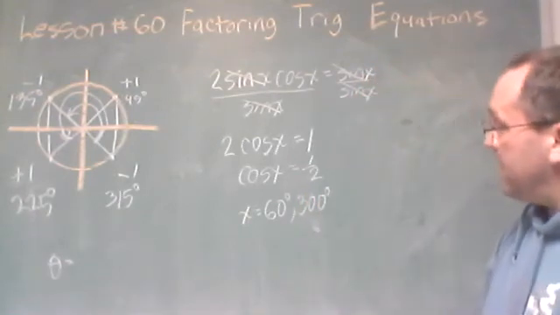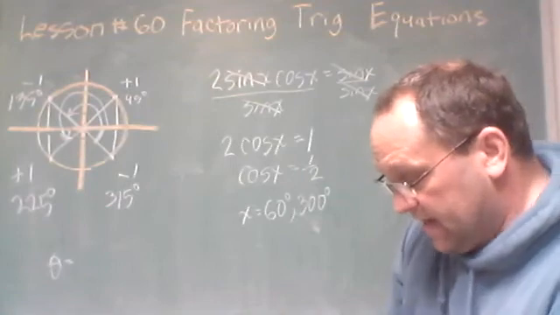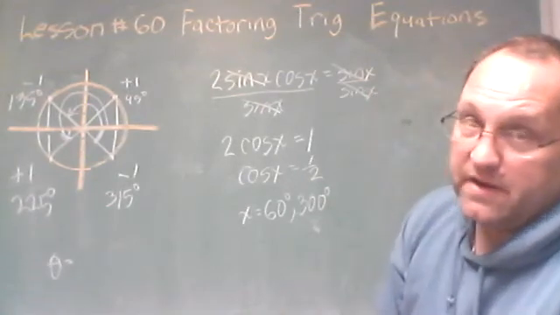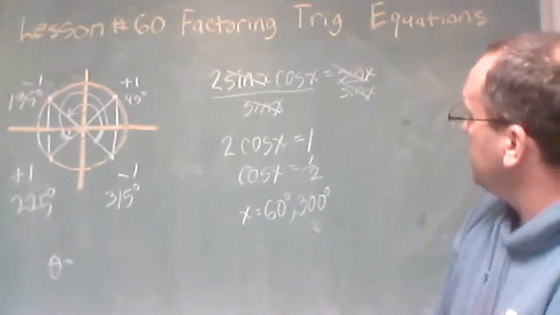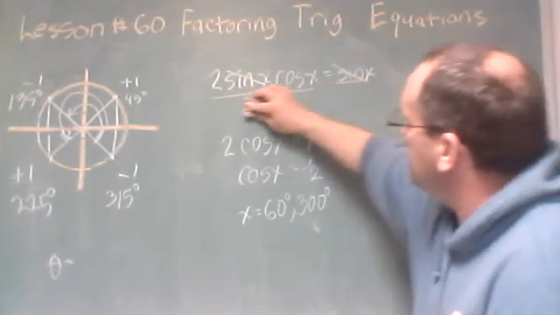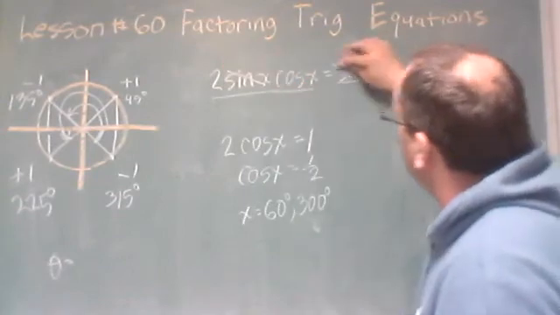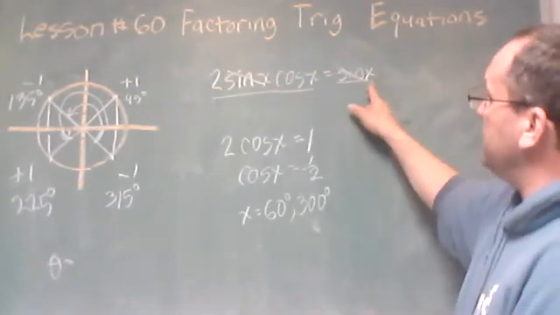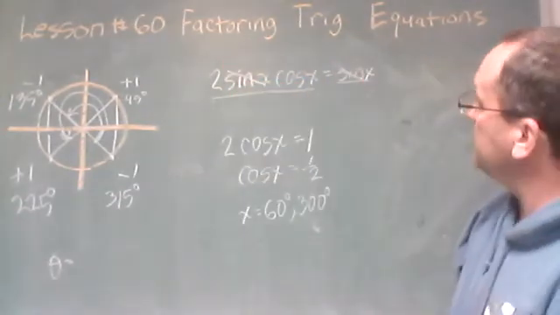But they said if we factor that problem in a different way, instead of dividing by that sine of x, we take the sine of x over onto the other side.